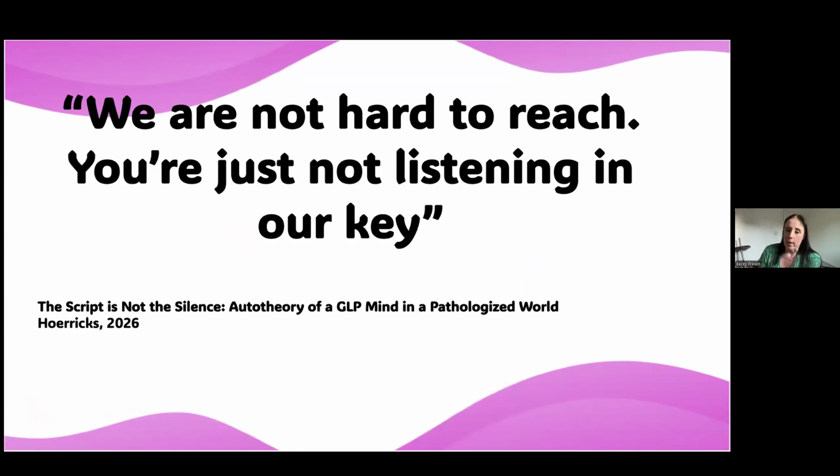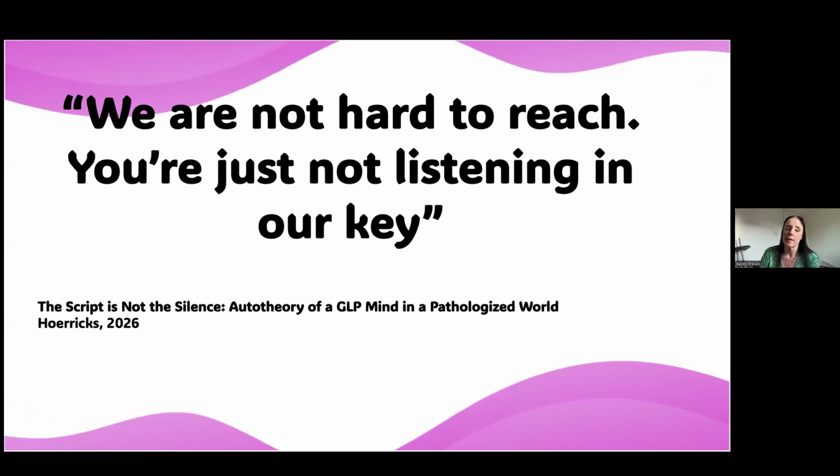I read an article the other day and it blew my mind. It really, really did. I read the whole article, and that's most unlike me. I tend to prefer a good summary and conclusions section, but I read the whole thing, and it's called The Script Is Not the Silence, Auto Theory of a GLP Mind in a Pathologized World.